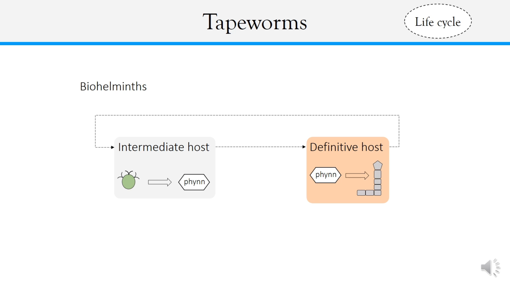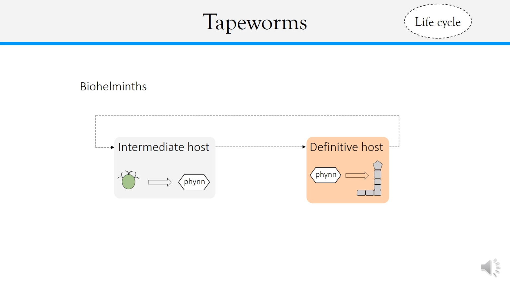So inside of the intermediate host will be located the so-called larva or immature form of the parasite. Initially it is an oncosphere, and then it will be transformed into the fin. Then the fin will somehow be transferred into the definitive host, and inside of the definitive host this fin will be transformed into the mature form of the parasite.